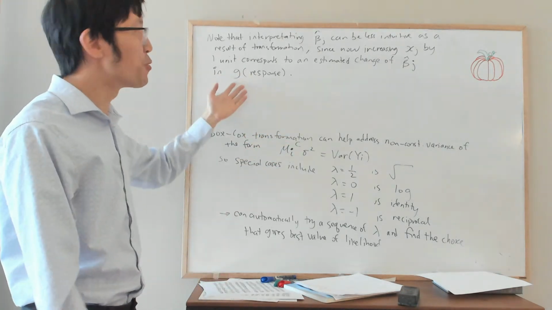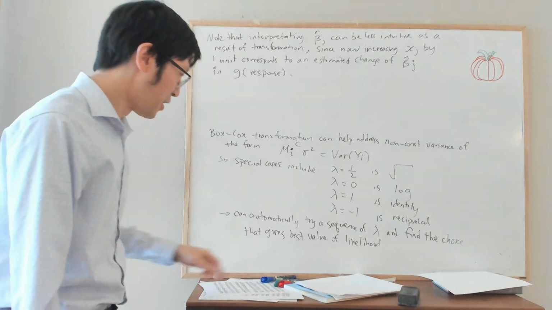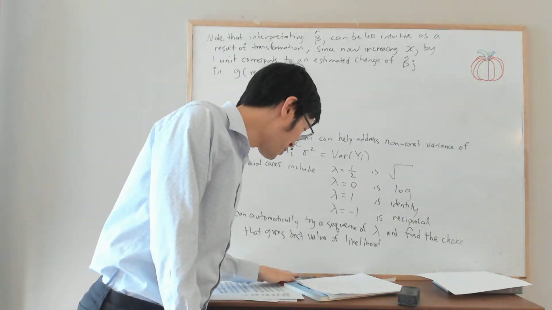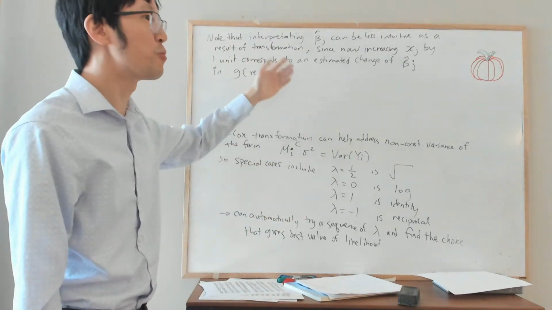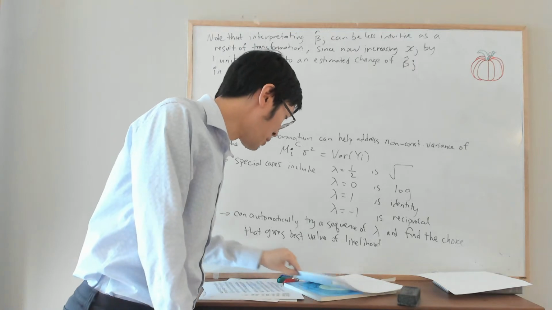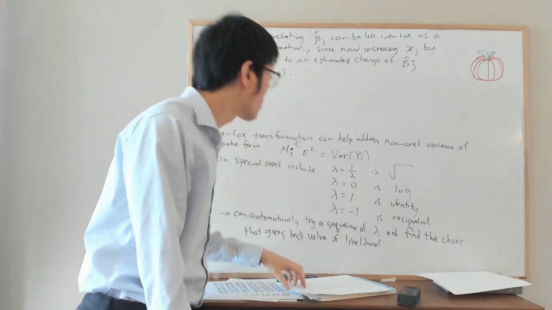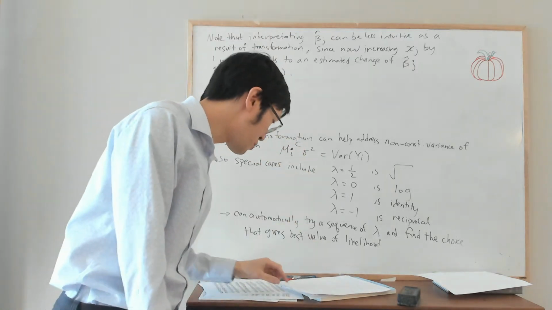In the case of square root, at least it's easier to have a handle on that. But for arbitrary lambdas, we lose out on having nice interpretations.